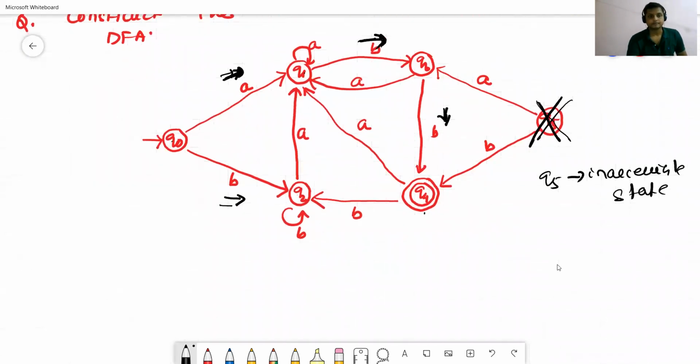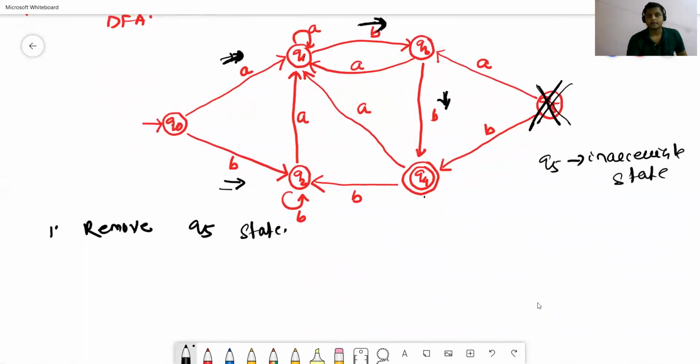The first step is to remove inaccessible states, meaning the Q5 state. Now out of a total of 6 states, we have 5 states: Q0, Q1, Q2, Q3, Q4.